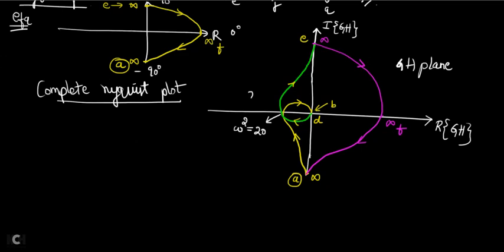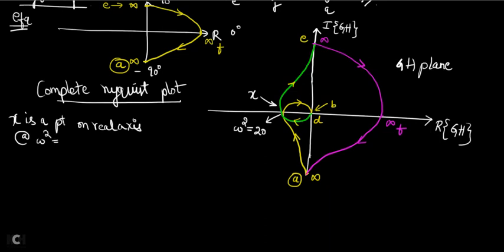Now let us call this point as x. So now x is a point. What is omega value at x? X is a point on the real axis. What is the value?